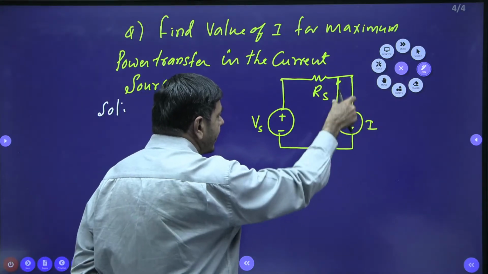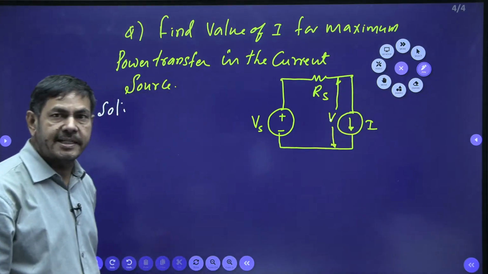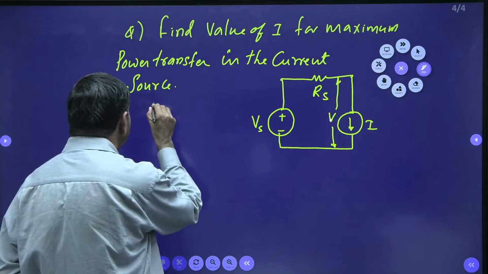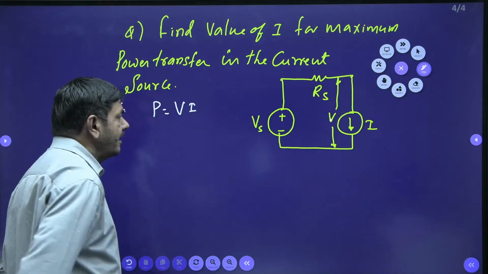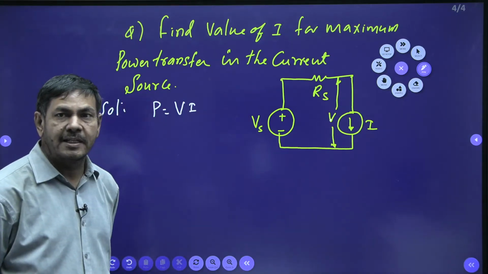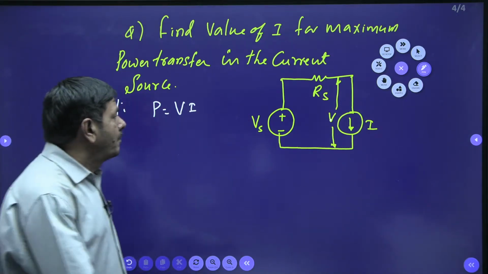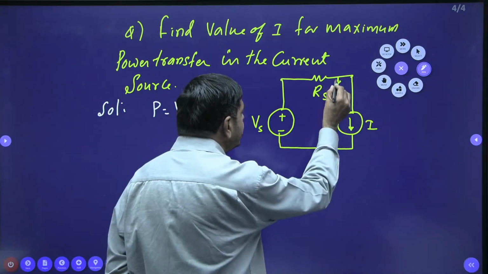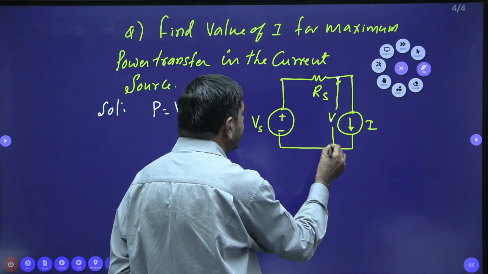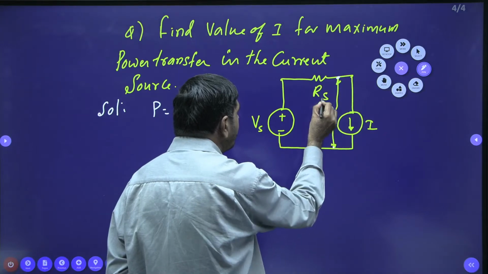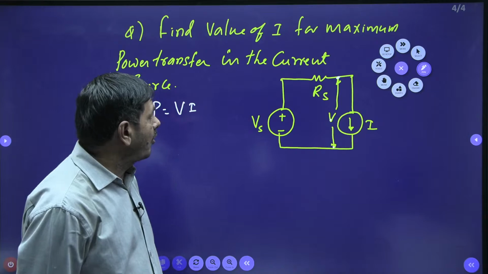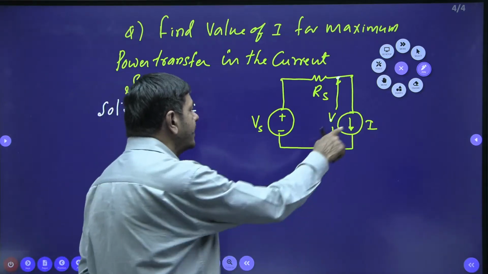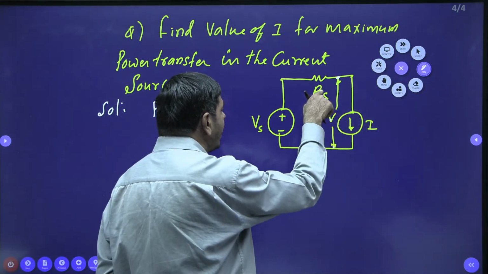But how do we get this voltage? Vs minus the drop across Rs is V. What is the drop across Rs? I into Rs. So Vs minus I into Rs is V.